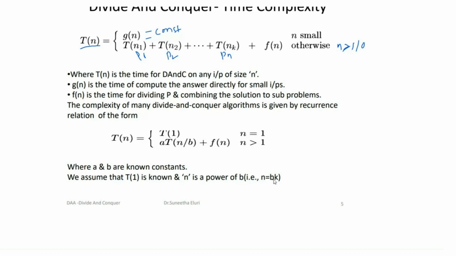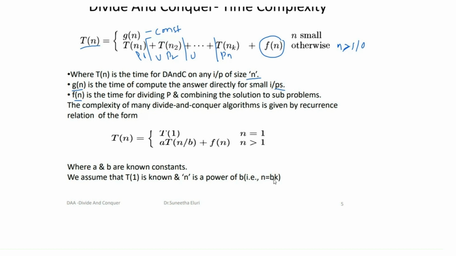T of n is the time of divide and conquer for any input size n, and g of n is the time to compute the answer directly if we are having small inputs. f of n is a function where we get the solutions of independent subproblems, so I require some time to combine the solutions of the independent problems.